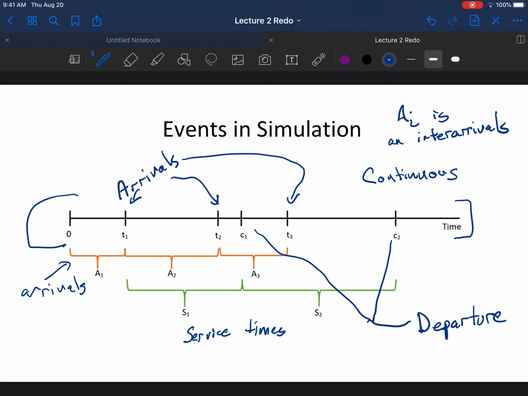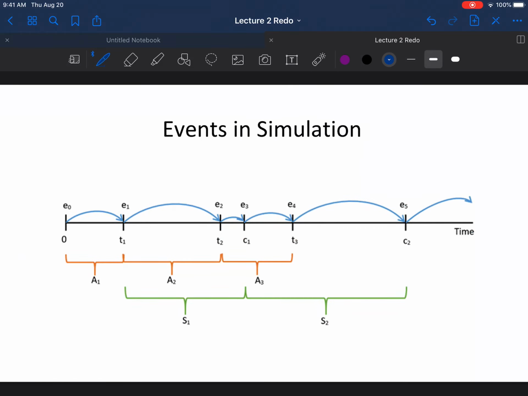This is where it starts to get combinatorially more difficult, and why simulation becomes a good tool to analyze these more complicated situations. This is just a single server and a single arrival process, and already we have something that gets quite complicated.